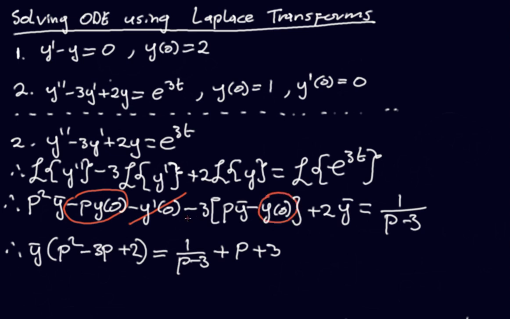Minus 1 with this 3 coming in here. So this is a plus 3, therefore it's a minus 3, okay? Therefore it's a minus 3 here.